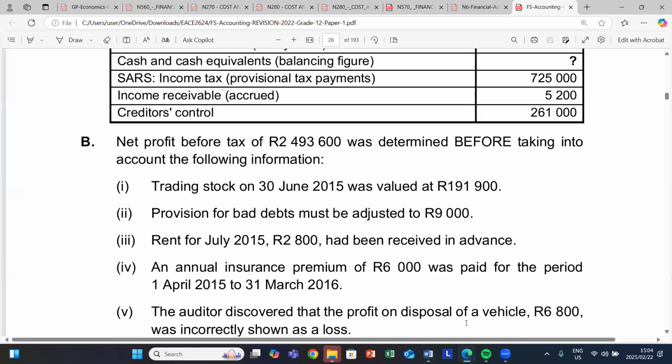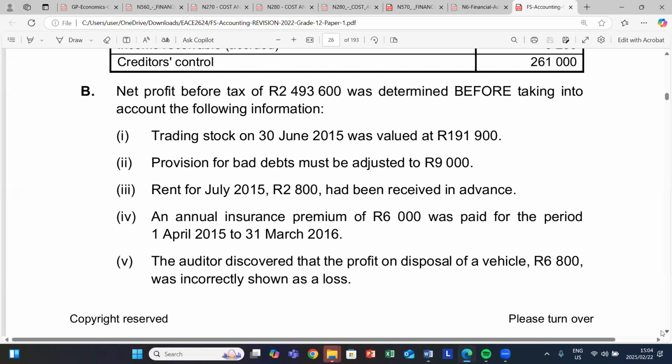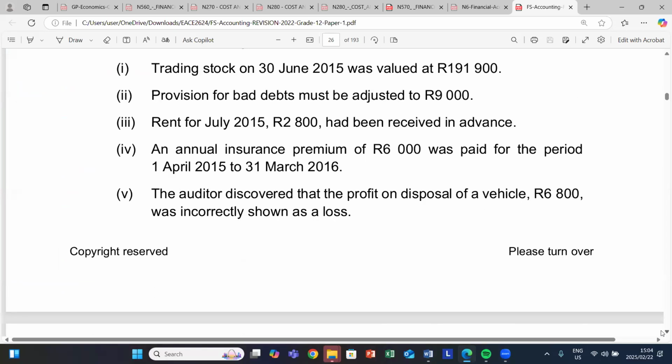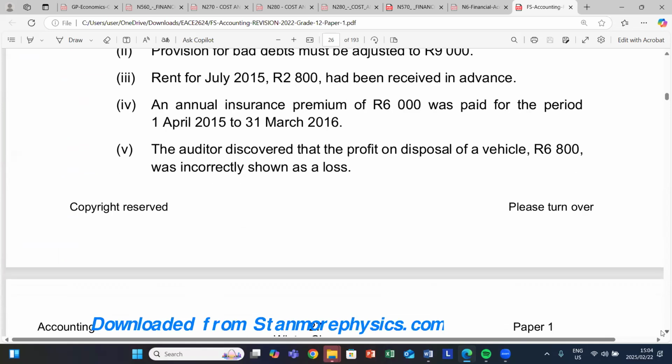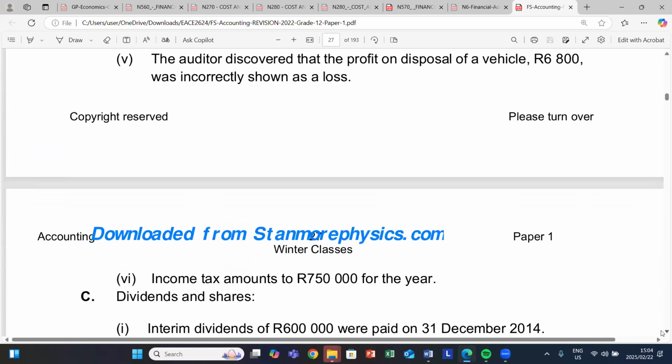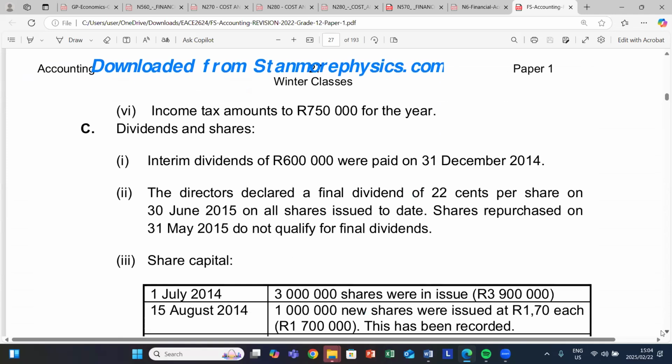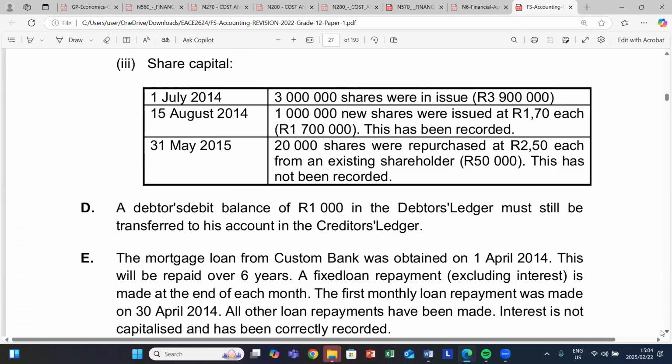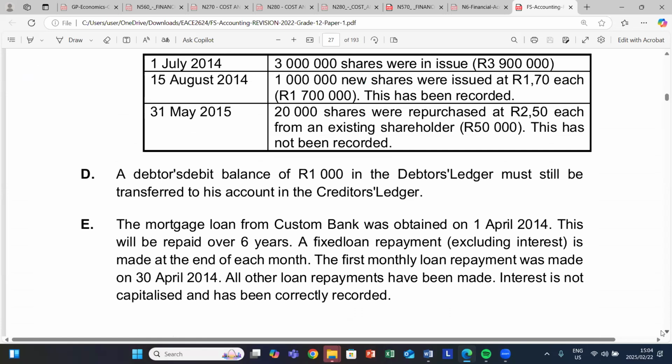And then the other one, okay. Let us check D and E, because you still remember that we have a transaction. They're saying that the debit balance of 1,000 Rand in the debtors ledger must be transferred to his account in the creditors ledger.